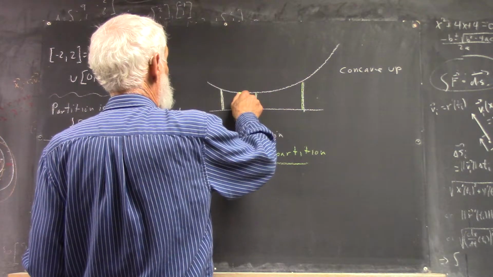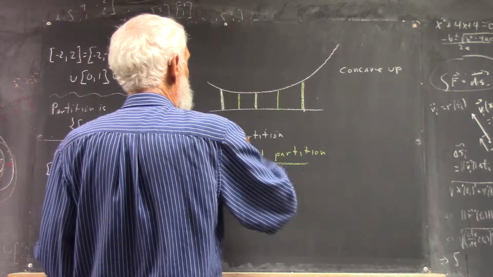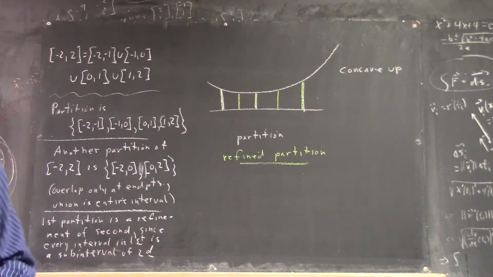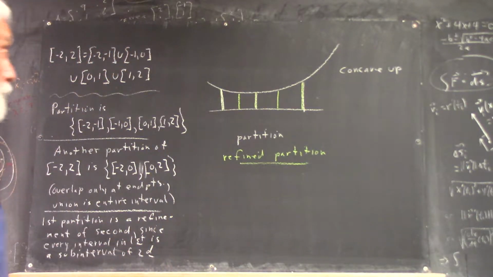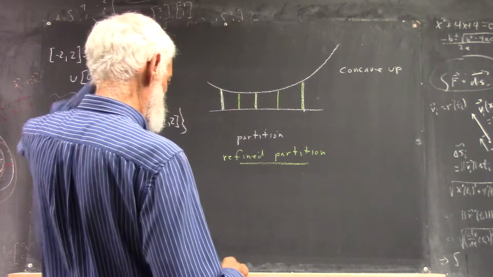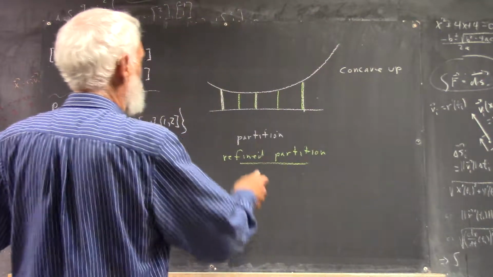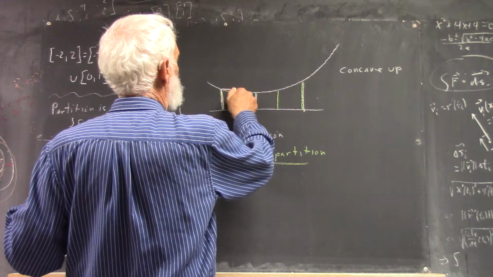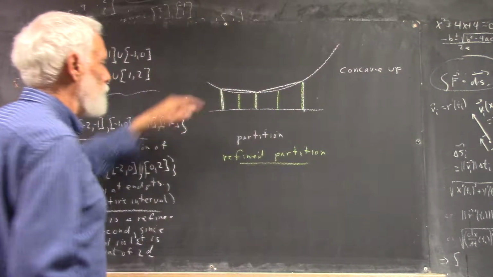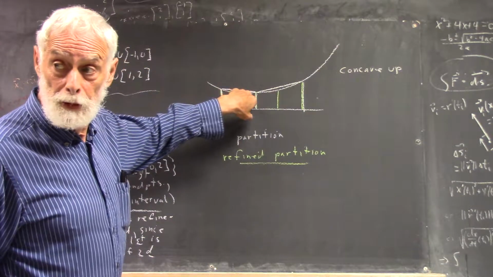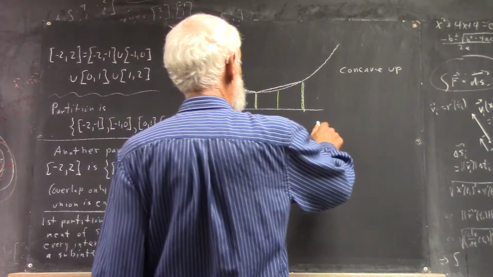Now I'm just going to refine it by cutting it into two parts. Normally you would probably cut it in half, but it's not necessary. You could refine it with any numbers in between, and sometimes there's an advantage to doing that, so don't feel like you're constrained to that. On the original partition, right here are the trapezoids. So on the original partition are trapezoids.